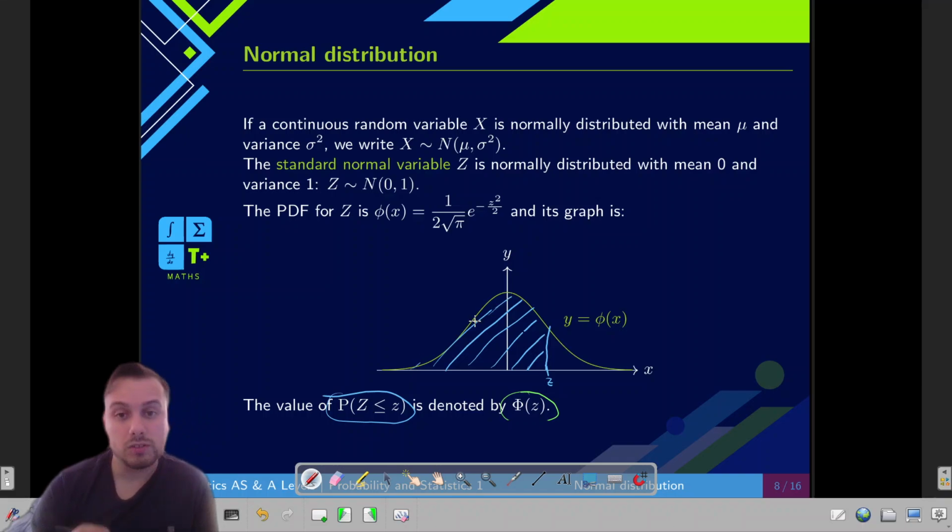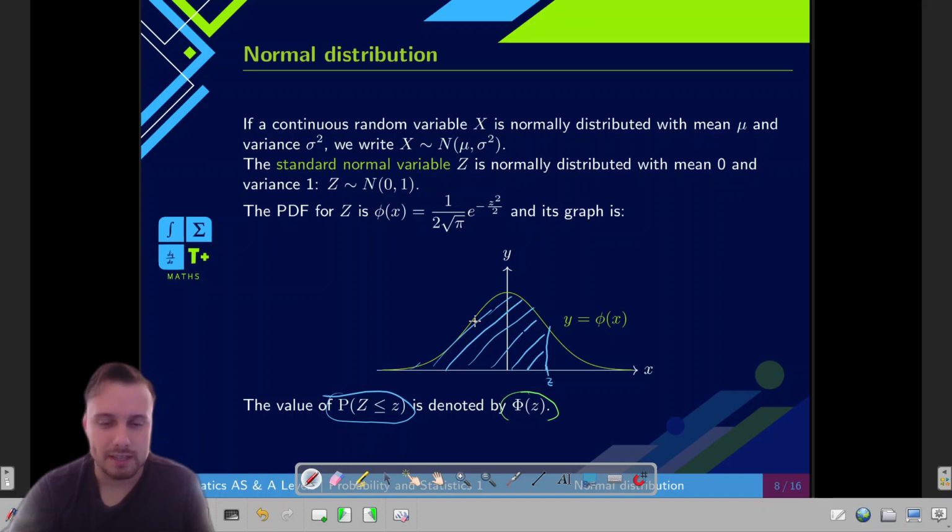All of this area is the probability that Z is less than or equal to z, and that is our capital phi of z. This is the first concept that we want to understand when addressing the standard normal distribution. Then we're going to be, at first, finding probabilities from a value and upwards.